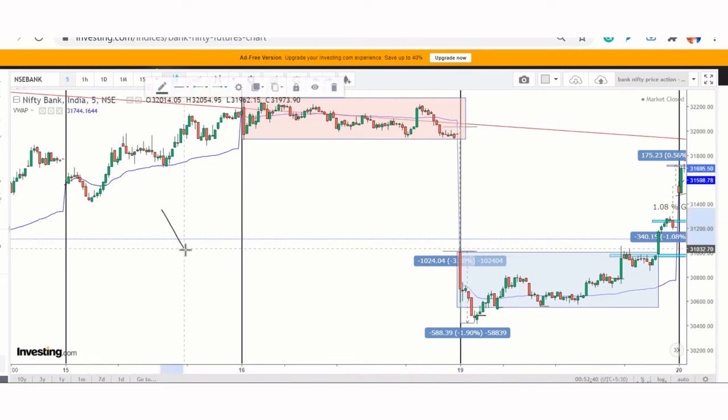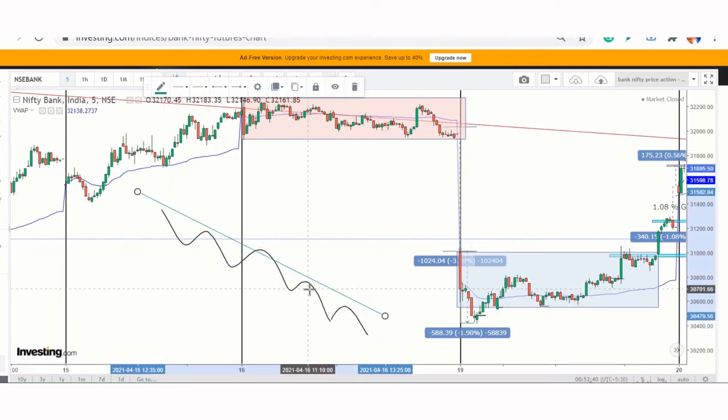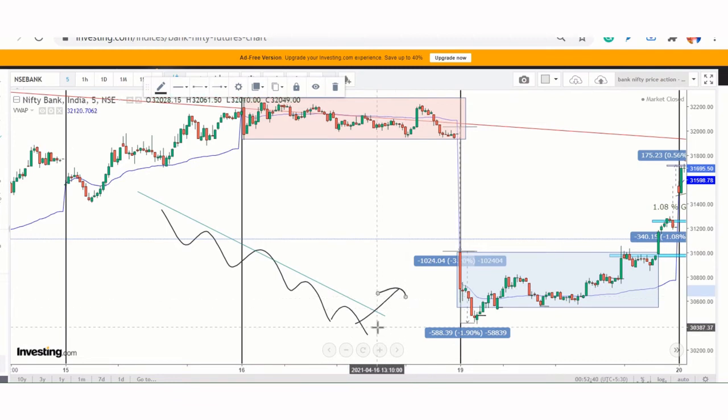Similarly, if the price is going in a downtrend, it will continue to go in a downtrend unless it breaks the trend line. For example, if it does not go above this line, it will continue to move further, right?